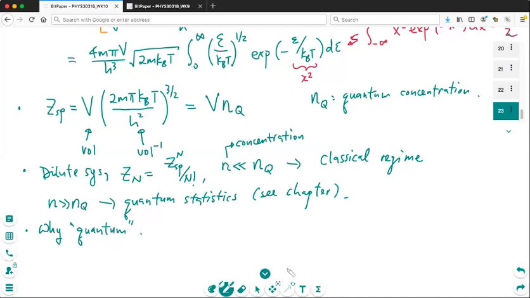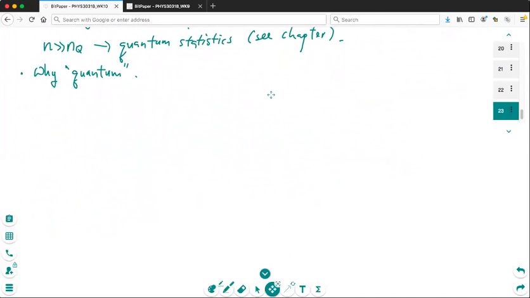The detour is the following. If I don't want to discuss number per unit volume, I can also recast this in a length scale. Rather than compare the concentration, I can compare some length scale.